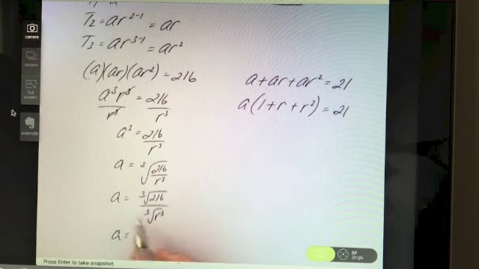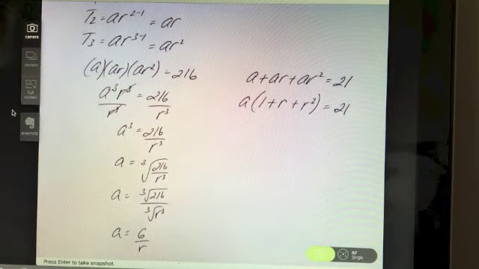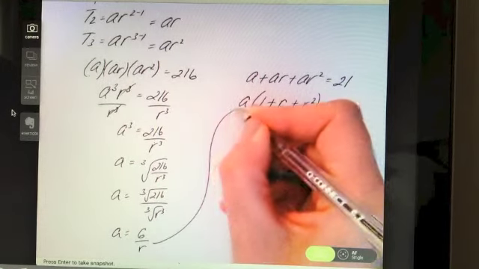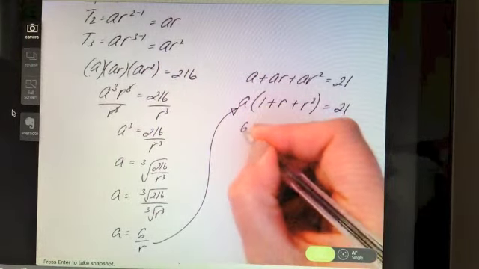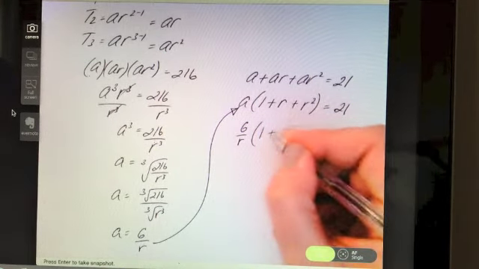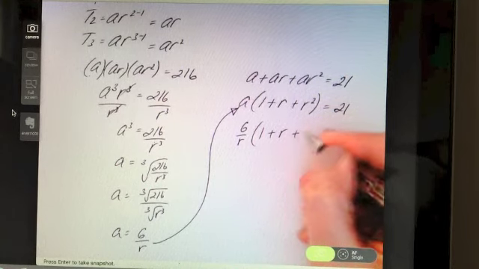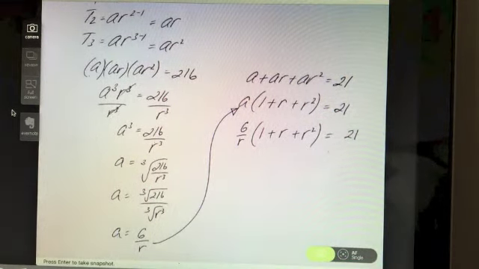And when you cube root R cubed, you're going to get R. So that's a little bit nicer to deal with. So A is equal to 6 over R. So I'm going to take that now and I'm going to sub it in here for the A. So I end up with 6 over R times 1 plus R plus R squared is equal to 21.